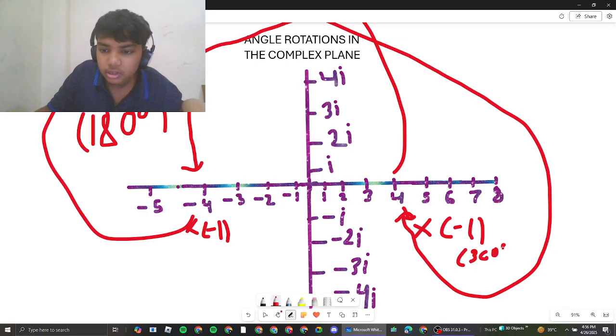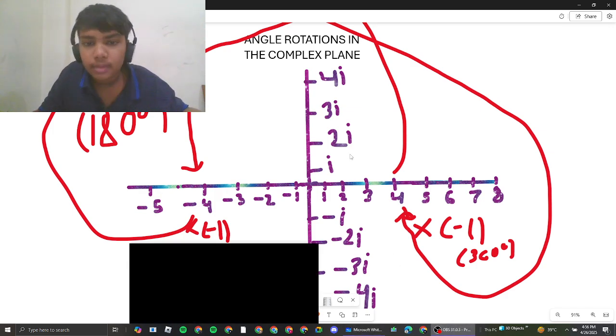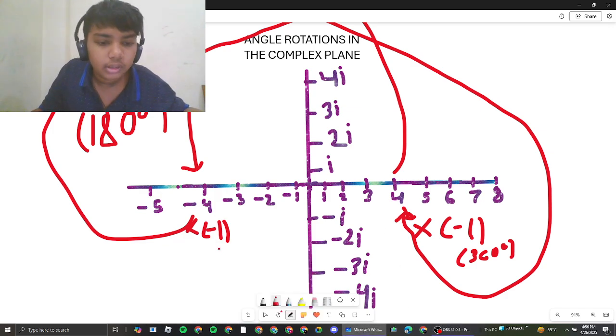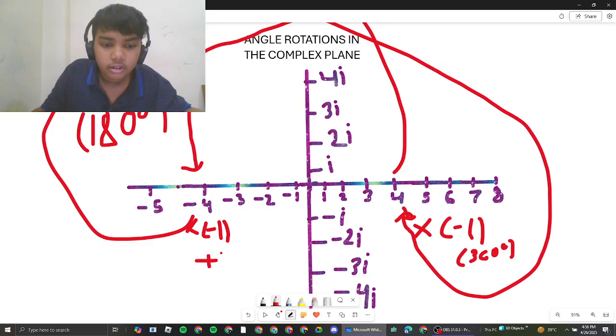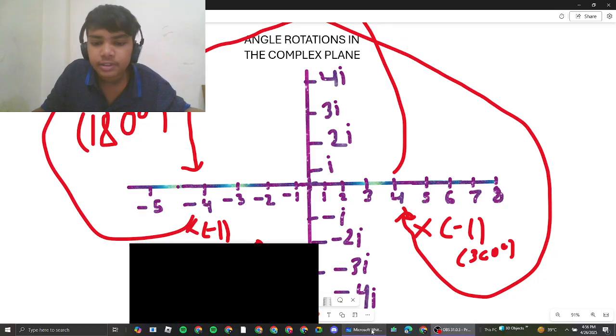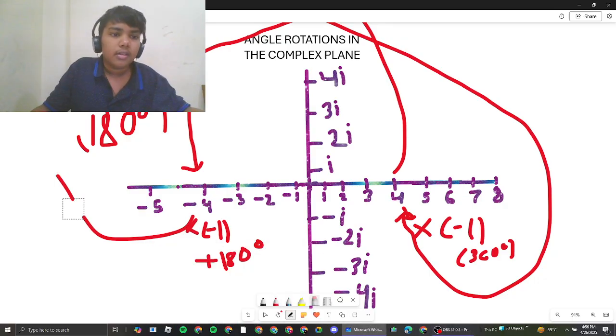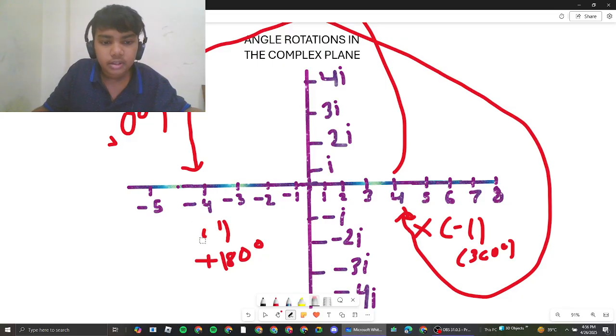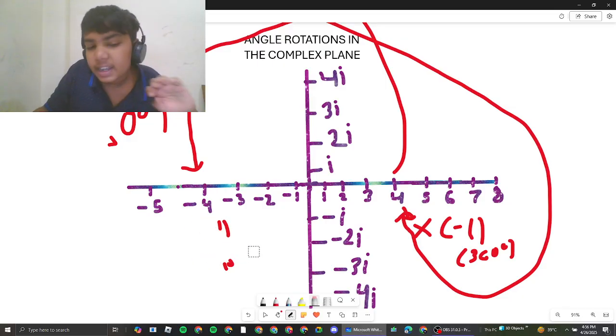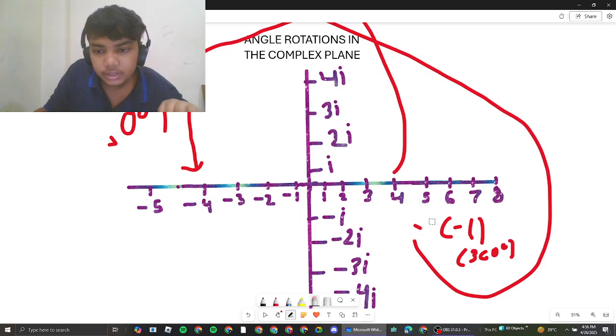Because first we multiply by negative 1 to go to minus 4, then we multiply by minus 1 again, adding another 180 degrees, so it becomes 360 degrees. But we didn't discuss what would happen if we rotate by 90 degrees or 270 degrees. That's the whole point of angle rotation.